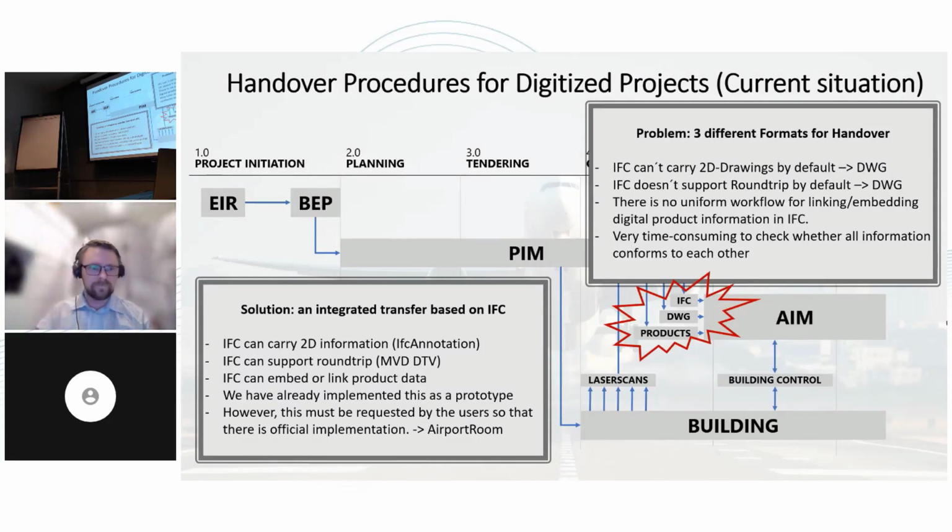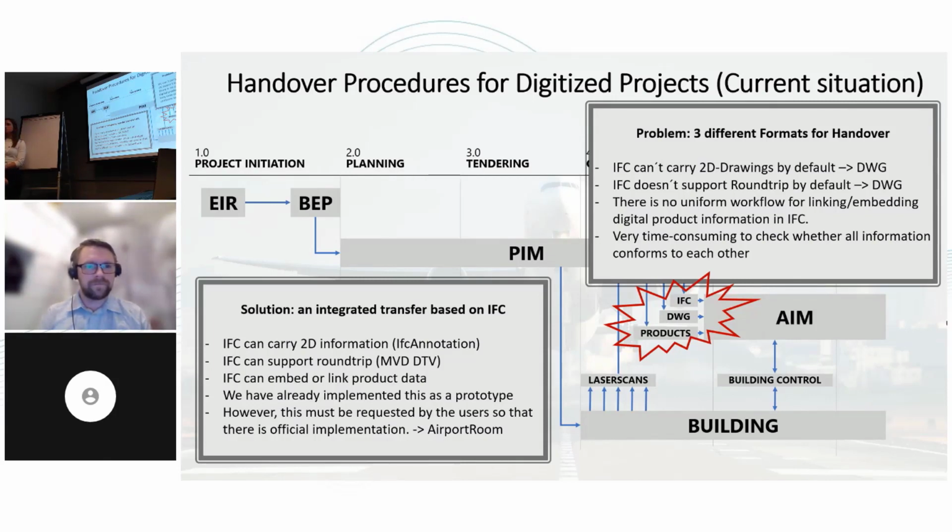One problem is that we want to carry more information in a single IFC file, because currently we need to split all the information from the project information model into different containers: IFC files, DWG files, product documentation. In future we want to include all this in one IFC file, because this is the only possibility to hand it over with an OpenCDE-based transport mechanism, and also to verify the information in one single file.